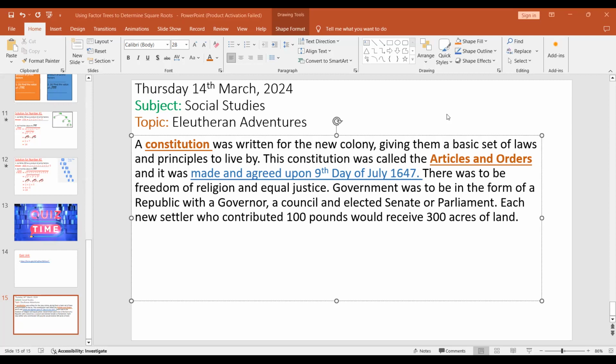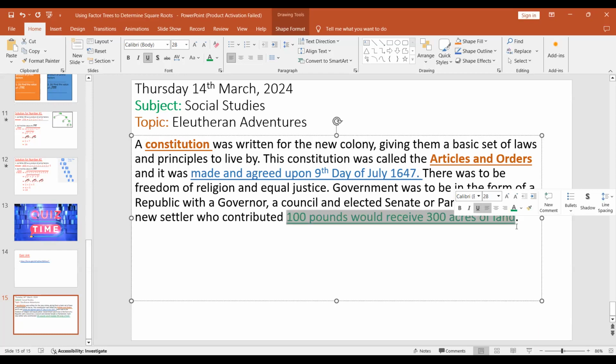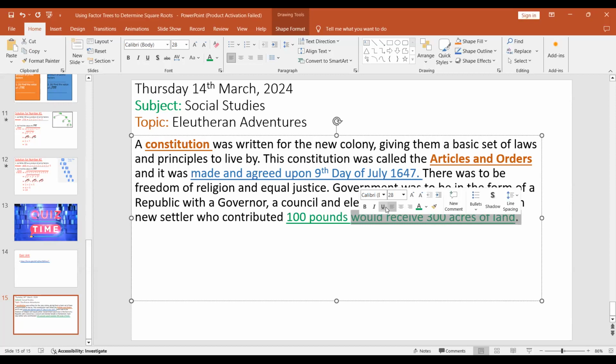They also, each new settler who contributed 100 pounds, how many acres were they supposed to receive? 300 acres of land. So if you give 100 pounds, you can get 300 acres of land, and 300 acres of land is, my friend, a whole lot of land. Think about it. Most of our homes are not even 2 acres or 1 acre.